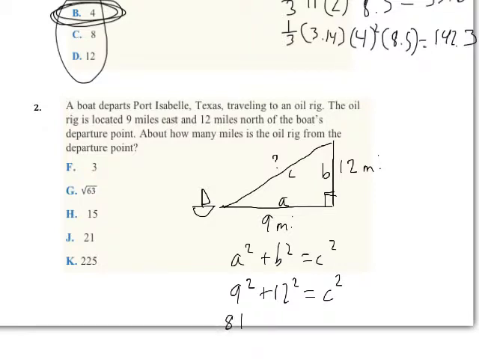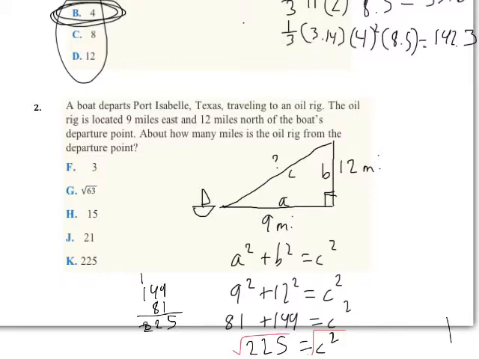That's 81 and 144. We need to add those up and square root them. 144 and 81 is 225. Then we would square root both sides, and the square root of 225 turns out to be 15.